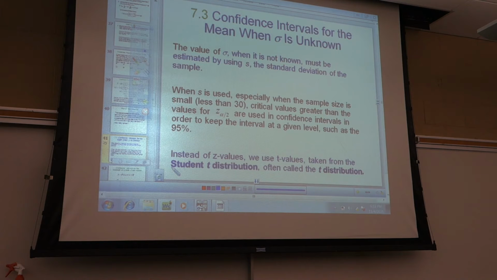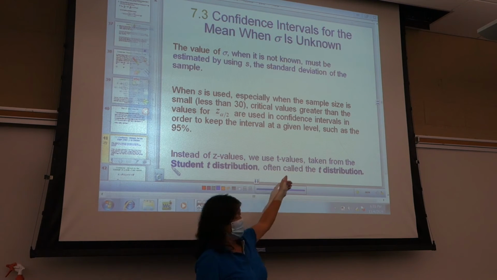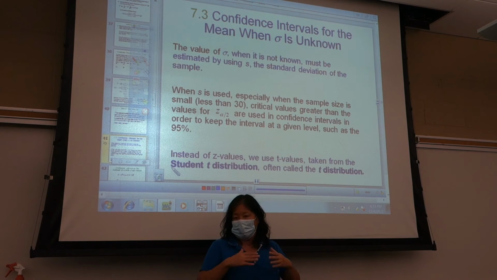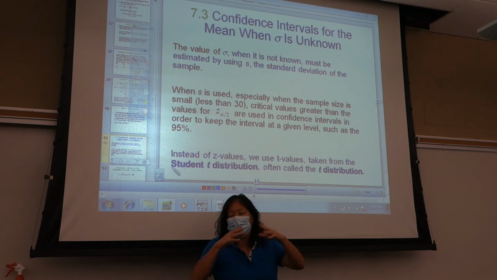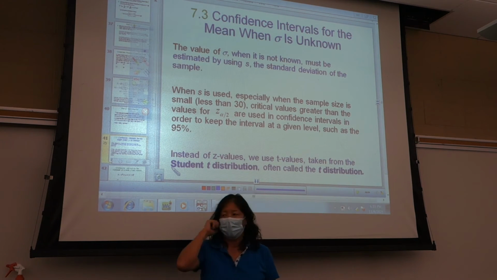It's called the Student t-distribution, which is not a z table. It's similar to a z table, but it adjusts for these small samples, so it gives you a little more room for error.